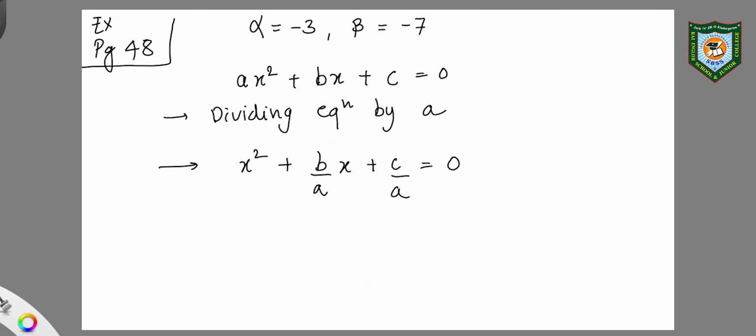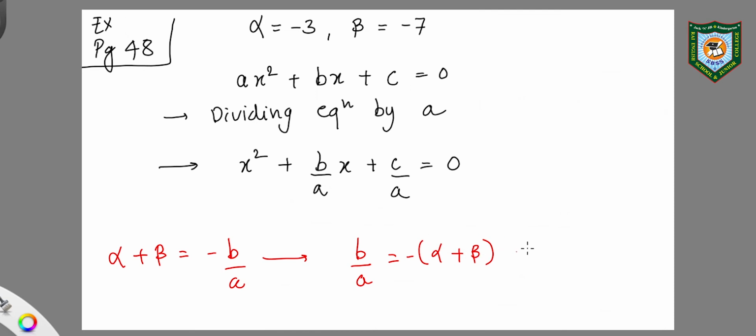So alpha plus beta is equal to minus b by a. This implies that b by a is equal to minus of alpha plus beta. That means I can substitute the value minus alpha plus beta in the place of this particular b by a value.